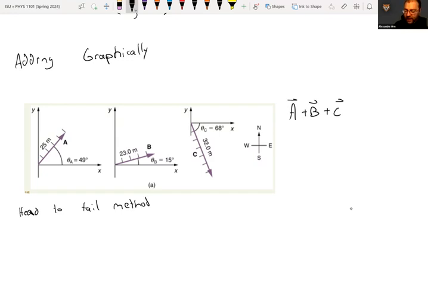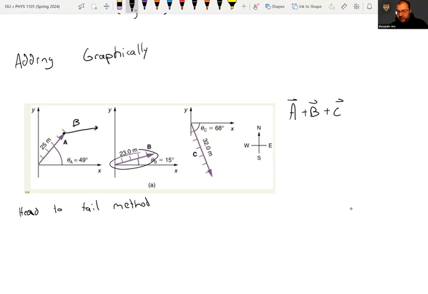So first, if we wanted to add B to A, we'd start with A, and you can see this A is measured as 25 meters, B is measured as 23 meters. But we'd start with A, and then we'd take the vector B, start from the head of A, and put B's tail on A. So approximately it would look like this.